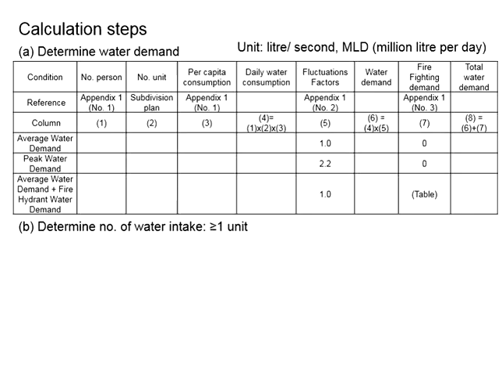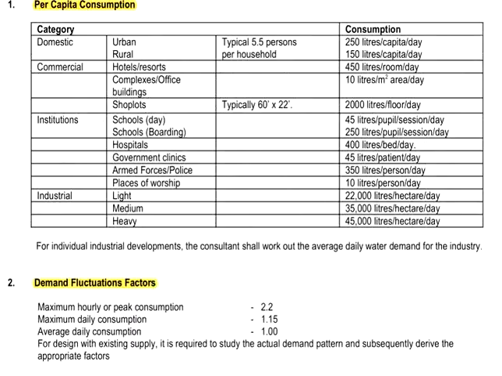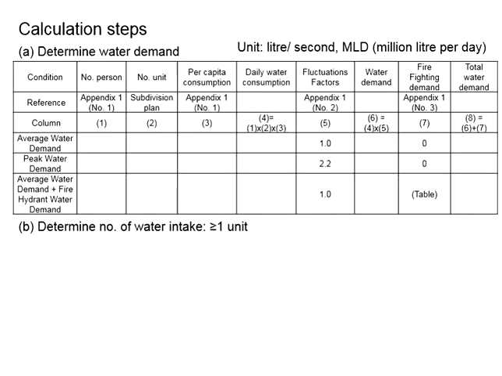The calculation step starts with estimating the consumptions by different categories of development. Taking residential area as an example, a typical household will have 5.5 persons. Then you may determine the number of persons in the first column. Second, you will need to determine the number of units.